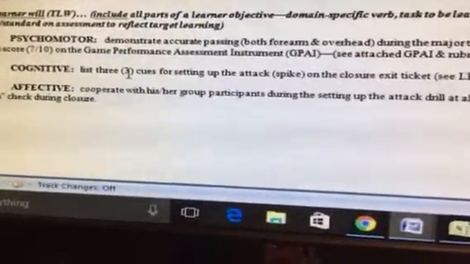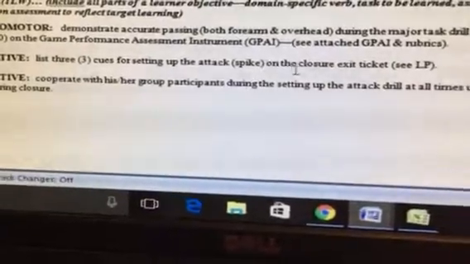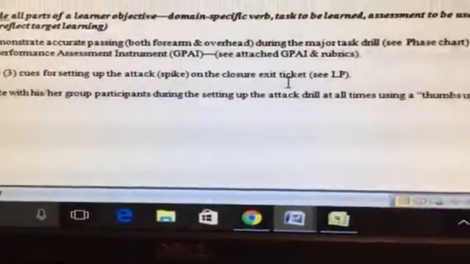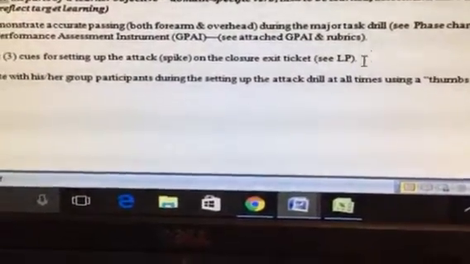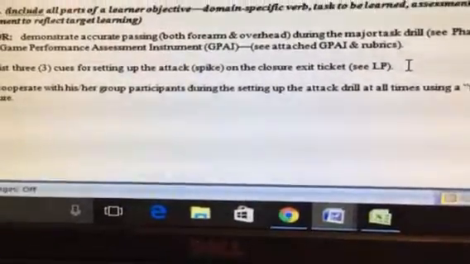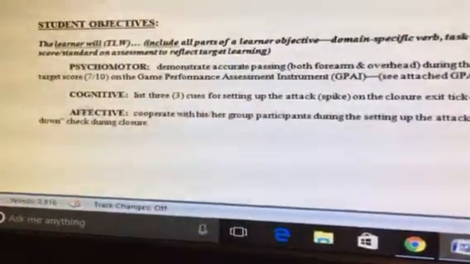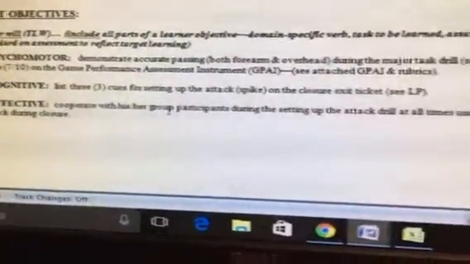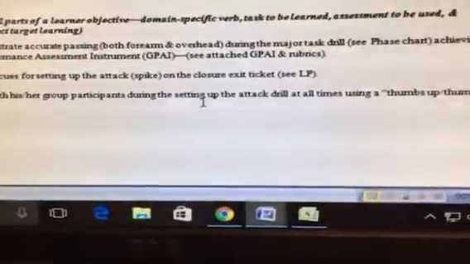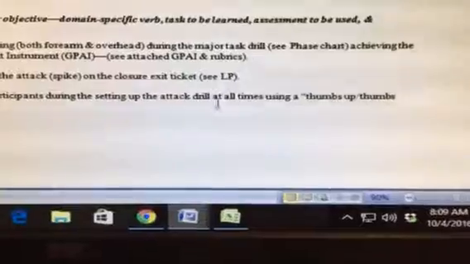Okay, so list 3 cues, learning cues for setting up the attack on the closure exit ticket, and it says see lesson plan, and that's okay too. So you're going to be showing me how you're going to be doing that exit ticket. Affective is cooperate with his/her group, participating during the setting up the attack drill at all times.